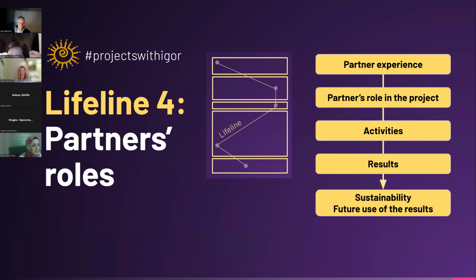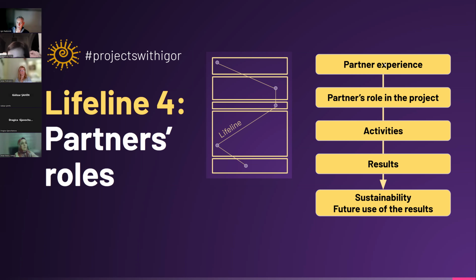Lifeline 4 is partners' roles. Now, just imagine if you say, these are our activities, and you don't say who is doing it, what the role in the project is. Normally evaluators will say, you cannot have this project because we don't know who is doing it. So again, it should be connected. Partners' experience: what do I know, what are my skills?